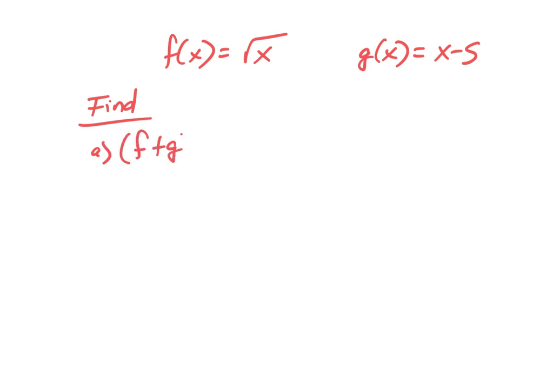First one we're going to do, and we're going to do a couple of different parts here. f plus g of x and the domain of that. So we've done this several times today, but the one thing that's a little bit different here is we have a radical, okay?